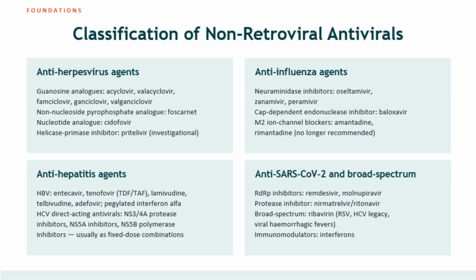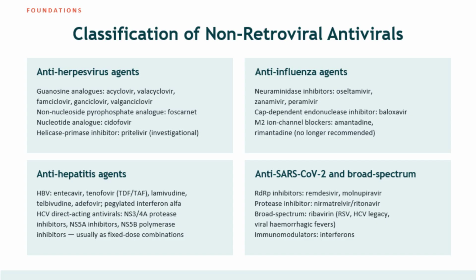The influenza agents, 3 neuraminidase inhibitors, baloxavir, and the adamantanes that we essentially no longer use. The hepatitis agents, where hepatitis B is about long-term suppression with entecavir and tenofovir, while hepatitis C is about curative direct-acting antiviral combinations. And finally, the SARS-CoV-2 and broad-spectrum agents.